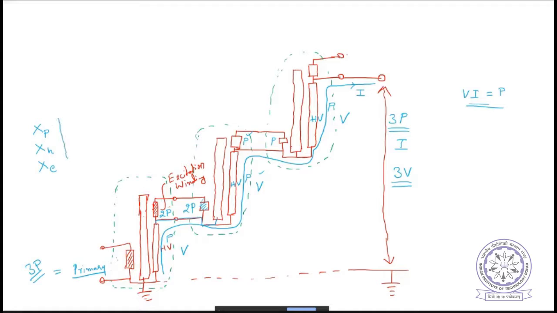Assume that these are defined at base voltage V and base power P. With these reactances defined at base voltage V and base power P, can we estimate the total reactance of this cascaded transformer?